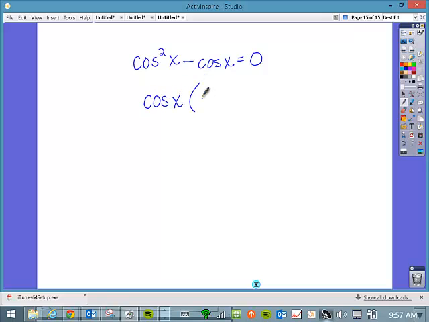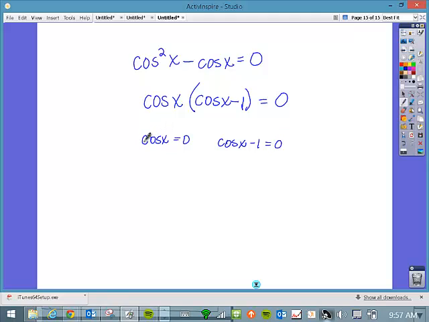We can get cosine x times cosine x minus 1 equals 0. So I factored that. And so what I can do is then set both of those factors equal to 0. So cosine x equals 0 and cosine x minus 1 has to be equal to 0.